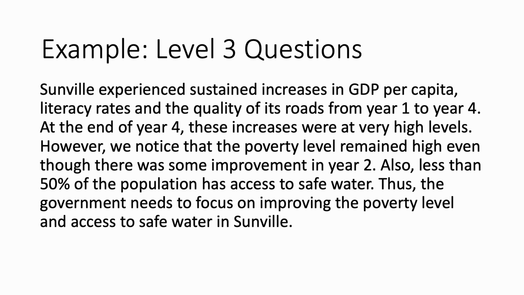However, we noticed that the poverty level remained high, even though there was some improvement in year 2. Also, less than 50% of the population has access to safe water. Thus, the government needs to focus on improving the poverty level and access to safe water in Sunnyvale.